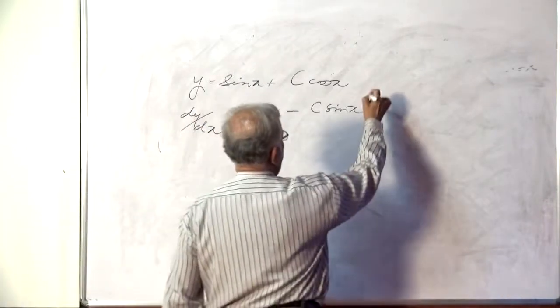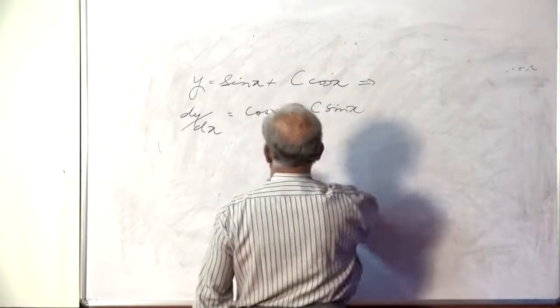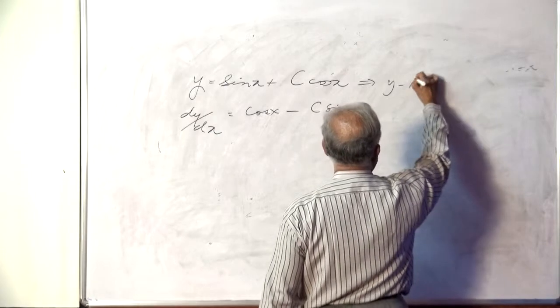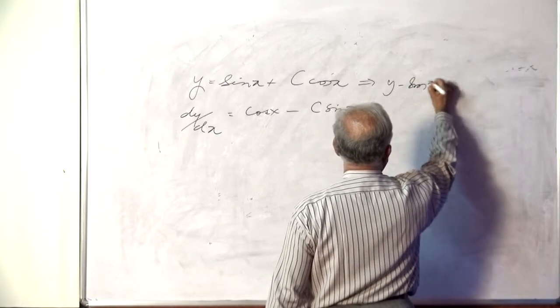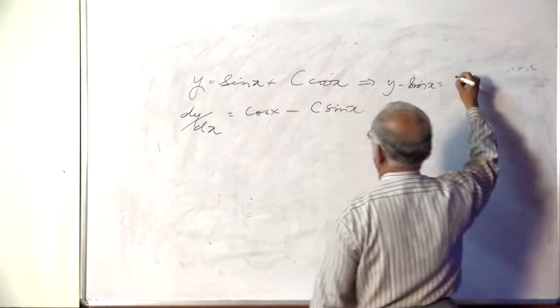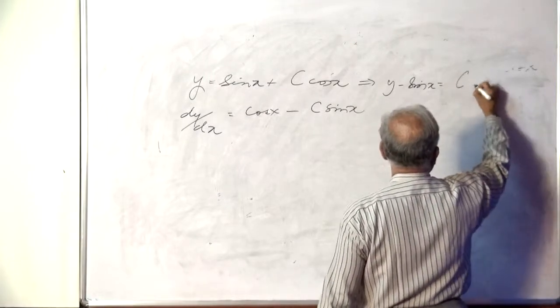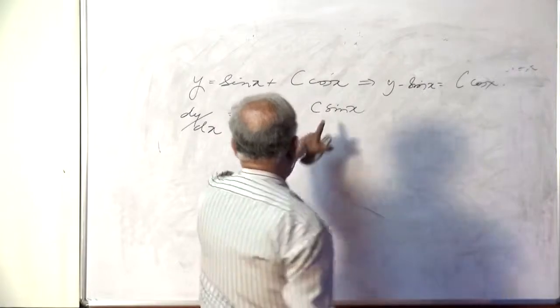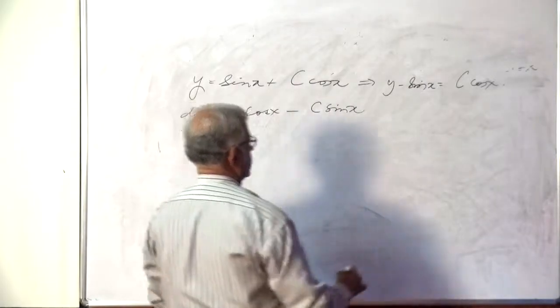This implies that y minus sin x is equal to c cos x, and c sin x is cos x minus dy/dx.